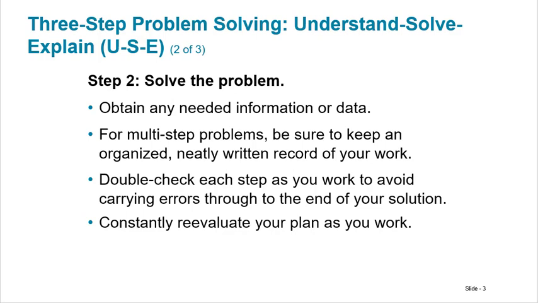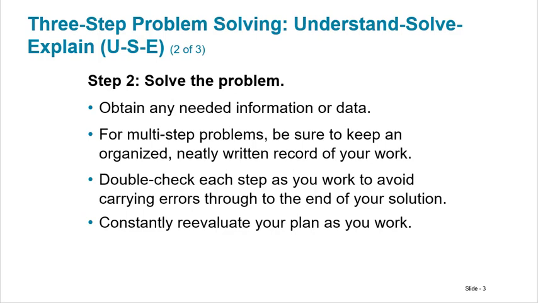For multi-step problems, you want to be sure and keep yourself organized, keep everything neatly written, a record of your work. So if a problem arises, you can always look backwards and figure out where you messed up. It's easier to check your work and back up and fix something and then go forward rather than having to start all over again if you stay organized.